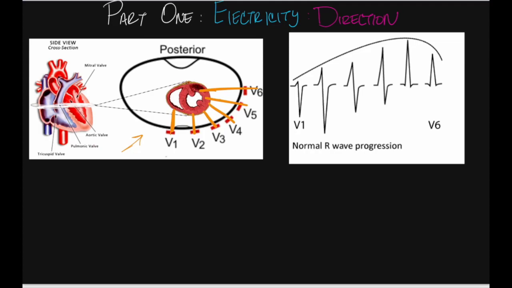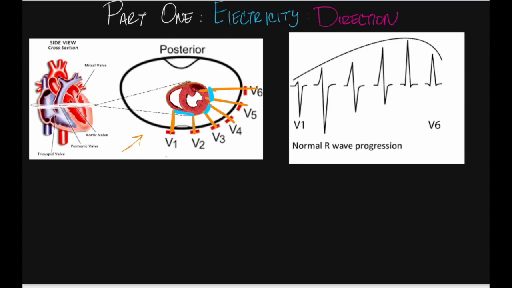And we already know this instinctively because we call V6 and V5 the lateral view, because it looks right here. We say V3, V4 is that anterior view, it looks right here. And we say that V1 and V2 is that right ventricle septal view, because it looks right there.